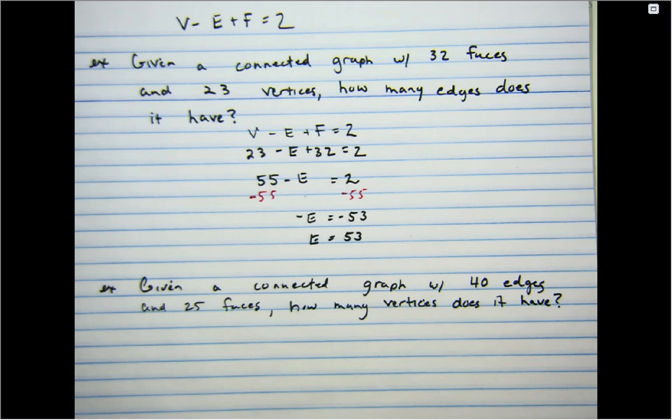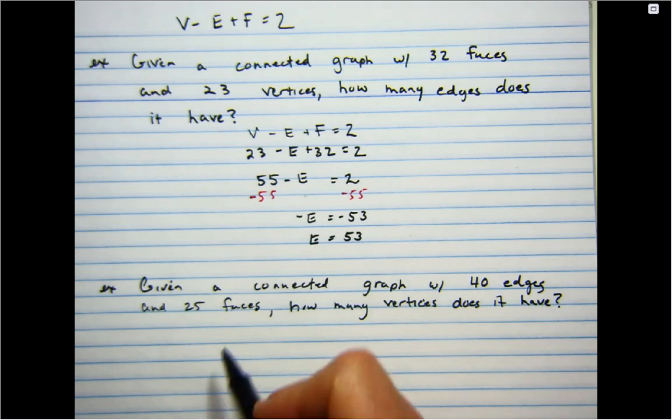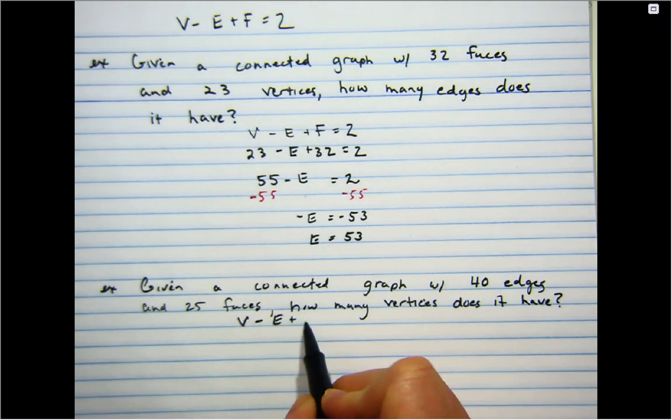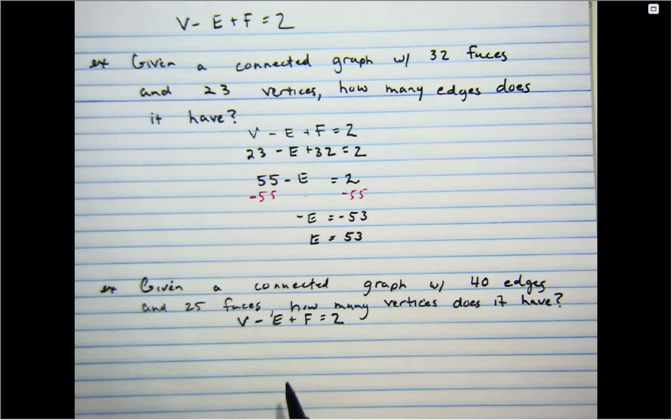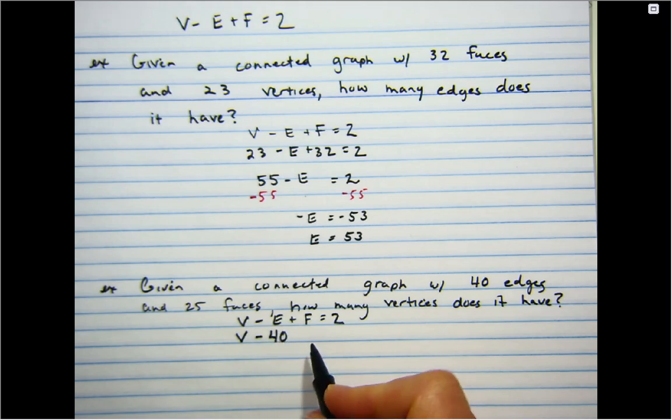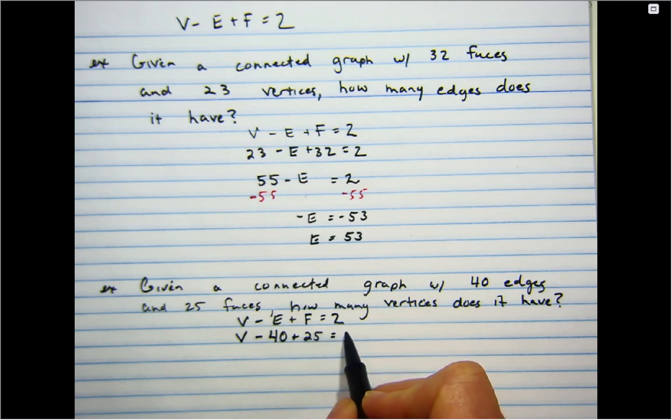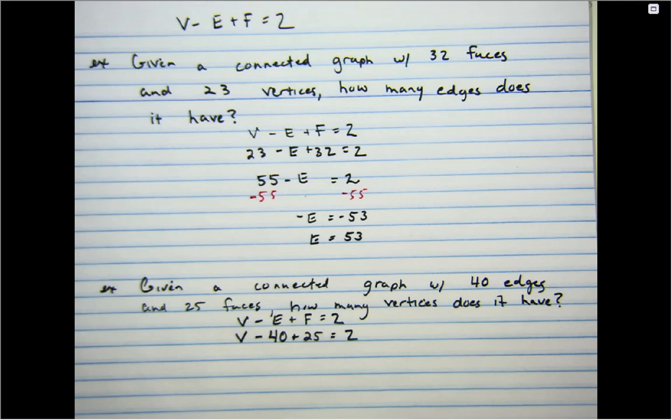So we start with v minus e plus f equals 2. So we'll fill in, we don't know v, so we're going to leave v. We'll fill in the minus 40 for minus e and plus 25. So we're solving for v. And there's two numbers we can combine on the left, so there will always be two numbers on the left you can combine. So in this case, it's a negative 40 and a positive 25, so that comes out to negative 15.